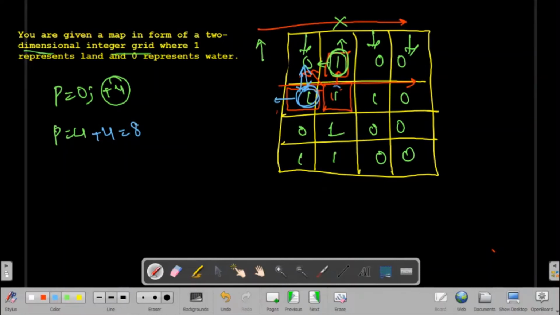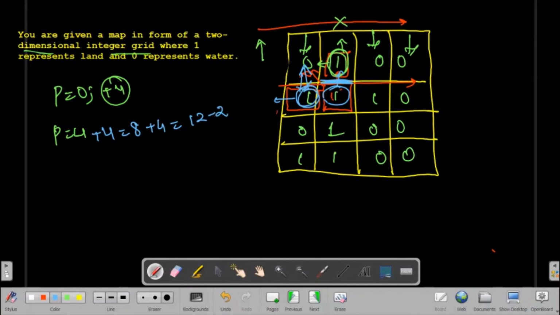Again I will come here, I see this is 1, so again I will add 4. So now 8 plus 4, that is 12, we have 12. And again see if there is any land above me. So yes, it is there. Whenever I find any land above or left, I will do minus 2, because this boundary is shared between these islands.